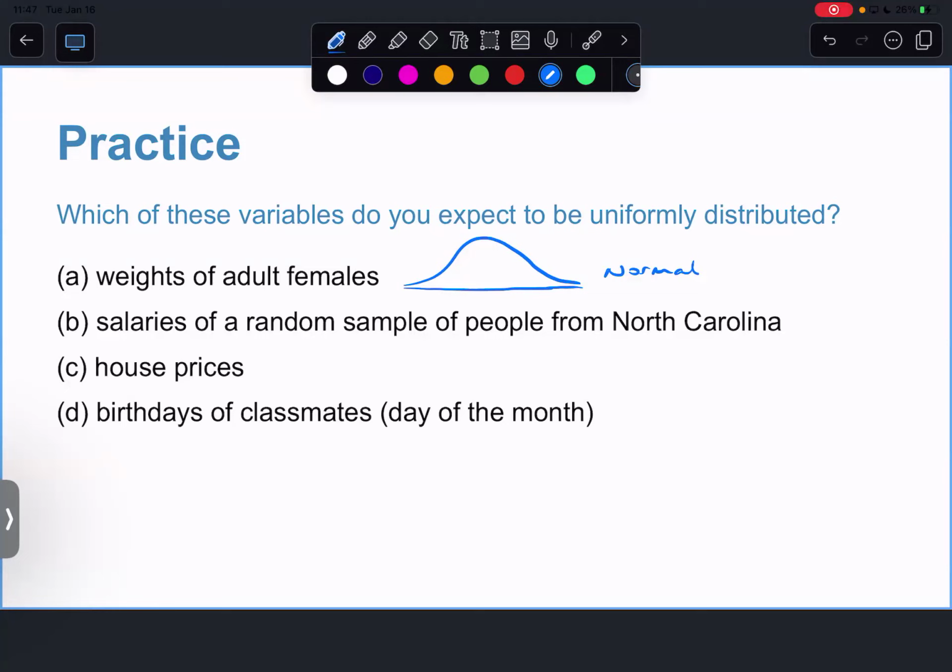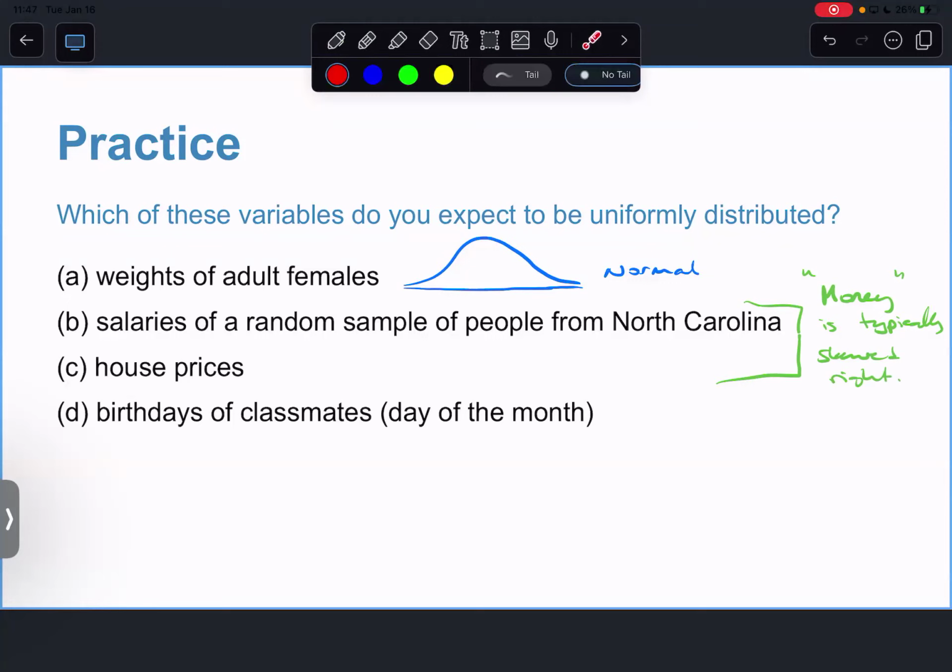One thing, just as a rule of thumb, especially since you're in business, anytime you're dealing with money, we're going to have a skewed to the right distribution. Just traditionally, as a jumping off point, money is typically skewed right.